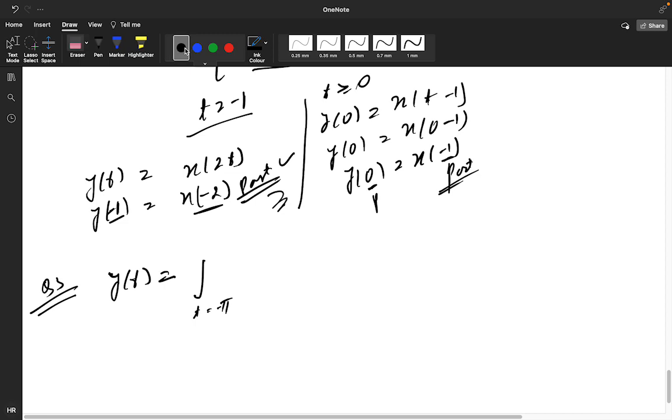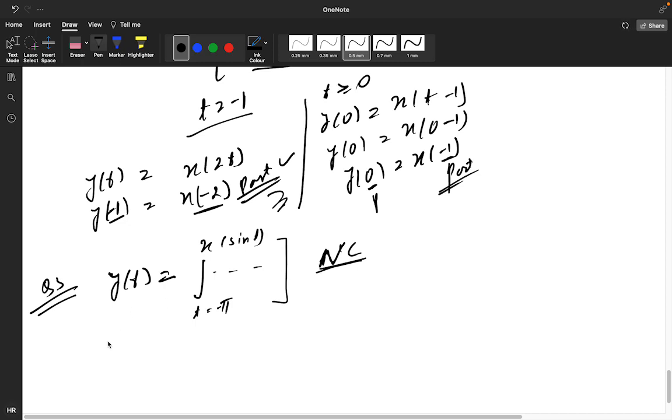They have given the limit like this, x of sine t, some function is there. So this is anti-causal, non-causal. Always remember, integration is coming, that means it contains the future value.